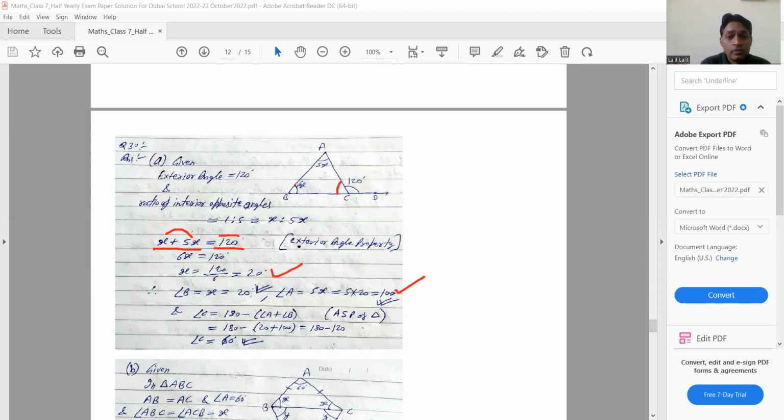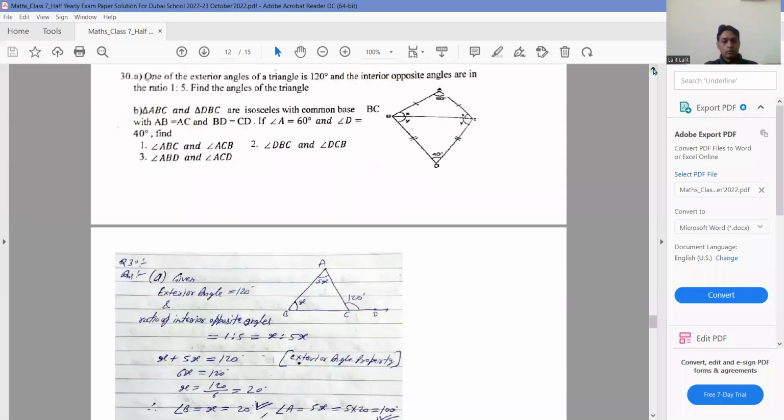We know angle B and angle A are 20 degrees and 100 degrees, and the sum of all three angles is 180 degrees. So angle C is 180 minus the sum of angles A and B, 20 plus 100, which is 120. So 180 minus 120 is equal to 60 degrees. So we got angle A, angle B, and angle C. This is the answer of part A of question number 30.